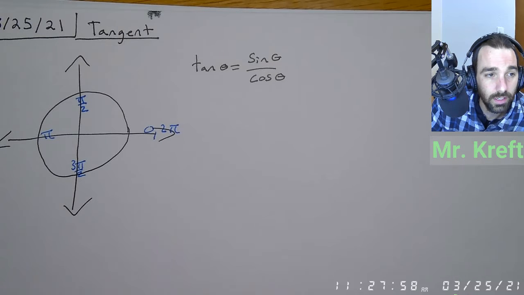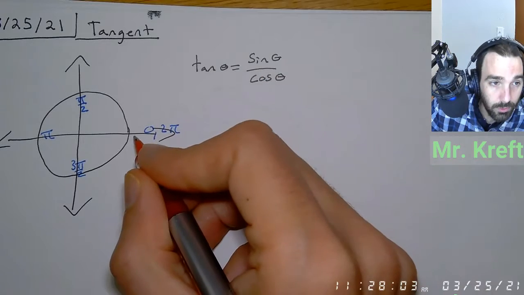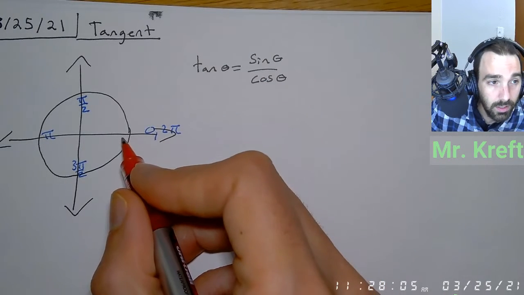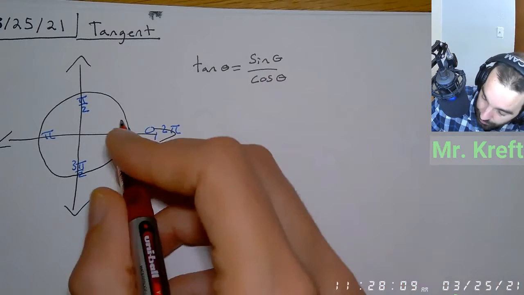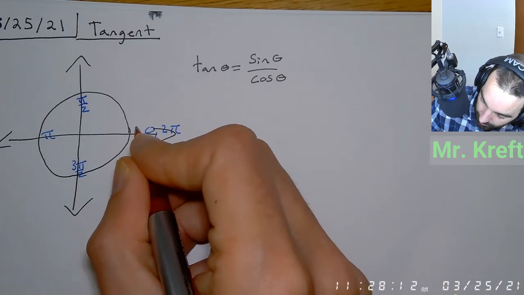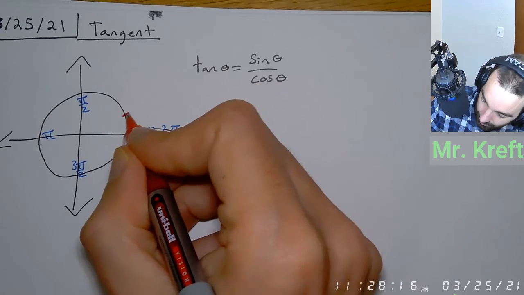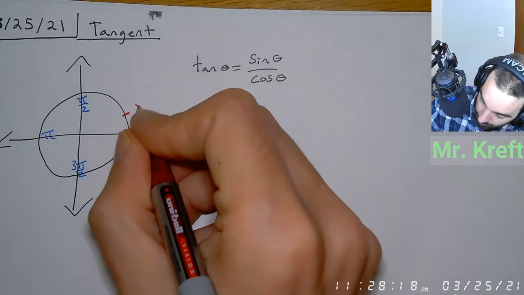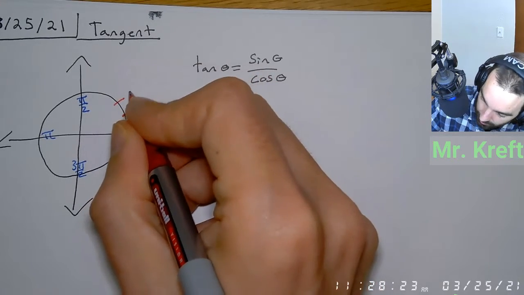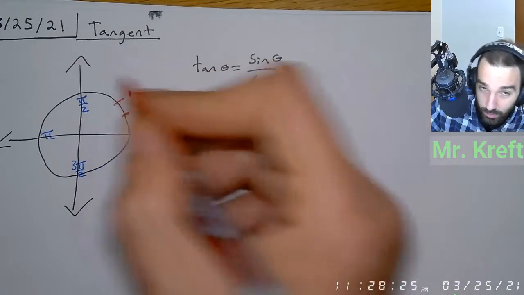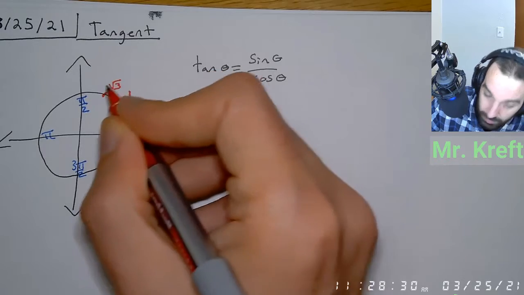Here, sine is 0 and cosine is 1. So 0 divided by 1, tangent is 0 here. Then tangent is root 3 over 3, and then it's 1, because you just have root 2 over 2 over root 2 over 2, which is the same thing. And then we have root 3.